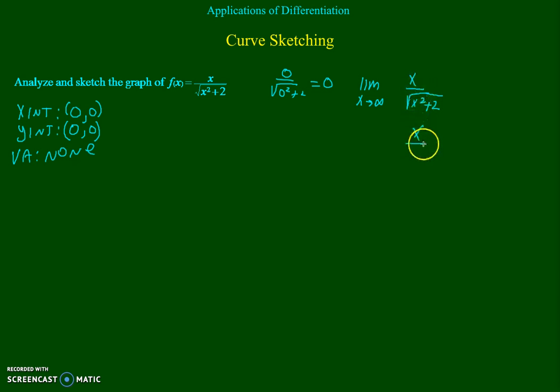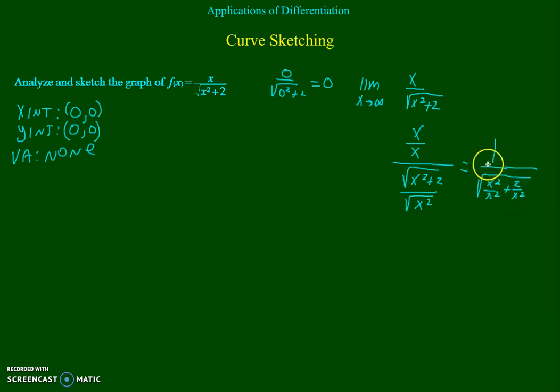So we have x over, now to get the x inside here, we're going to divide this by the square root of x squared. So that gives us the square root of x squared plus 2 over the square root of x squared, which gives us 1 over the square root of x squared over x squared plus 2 over x squared.